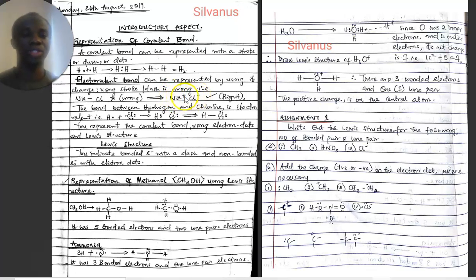You don't use a dash to represent an electrophilic bond. Another thing is that there are some cases where you could have a compound whose bond possesses both characters.